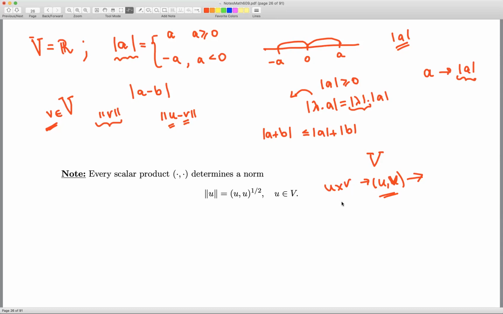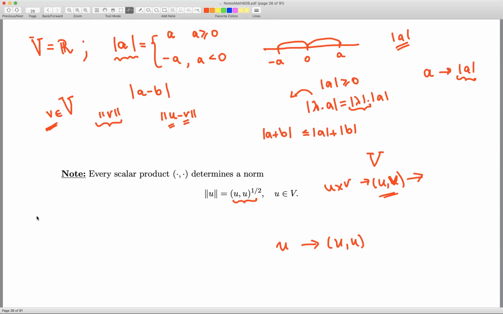If we look at the mapping which to every element u assigns the inner product of u with itself, and then we take the square root of that number, one can show that this mapping is in fact a norm.